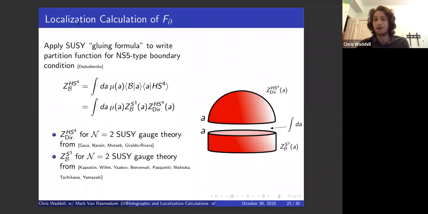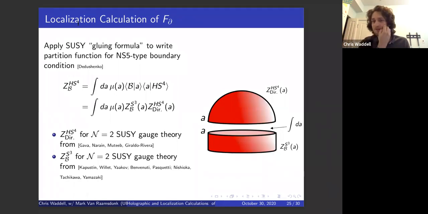And the quantities appearing in this integral are essentially the partition function for the hemisphere theory with Dirichlet boundary conditions, where we fix the value of this bulk zero mode at the boundary. And then additionally, some partition function for a three-dimensional theory on S3, where the particular theory that we're interested in is the IR limit of some quiver gauge theory and is determined by which boundary condition we're interested in.